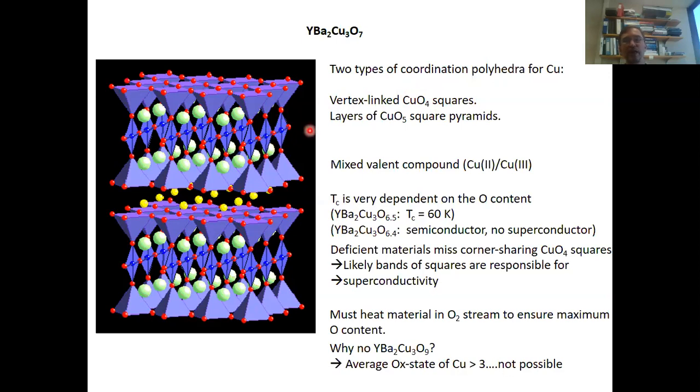And we have layers of CuO5 square pyramids. So these are actually these ones. See here, we have a square, and then the fifth oxygen atom is being corner shared with these squares here.